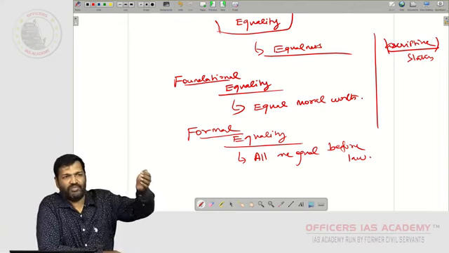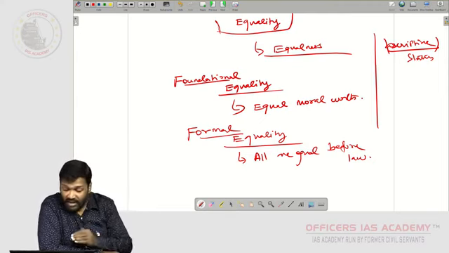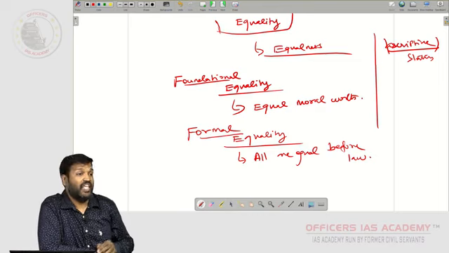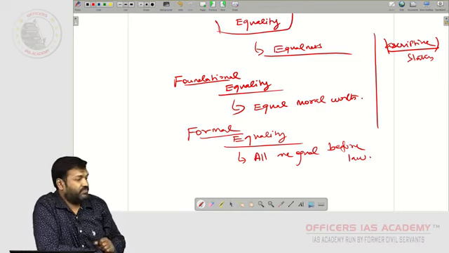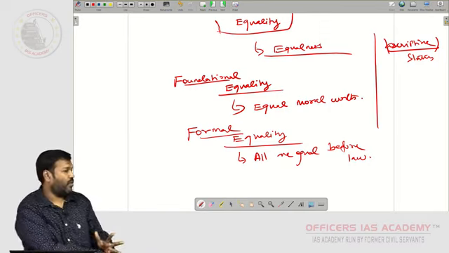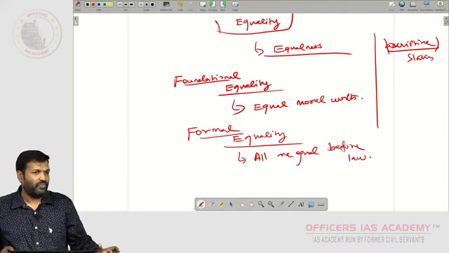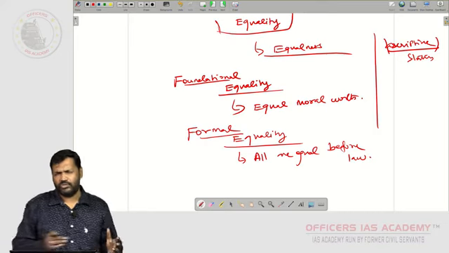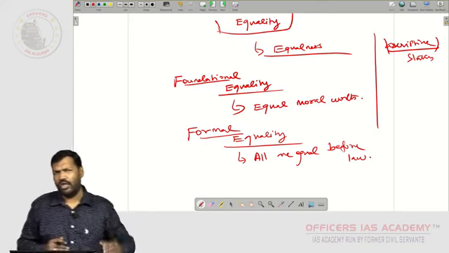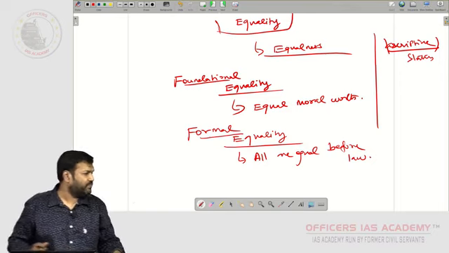Slowly and steadily people started to conceive equality before law, equal protection of laws, rule of law. Okay, all these things started to come. So different movements, slowly and steadily in the liberal tradition, you have a foundational equality, then you have a formal equality.